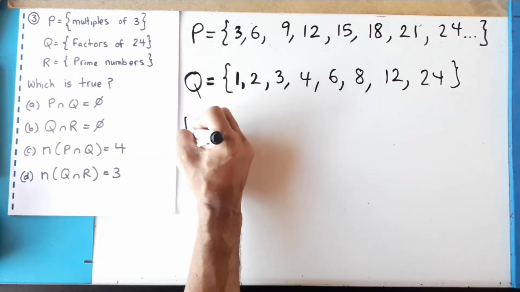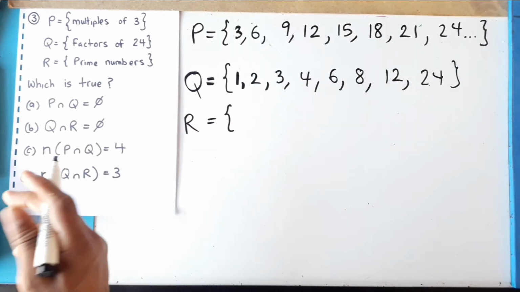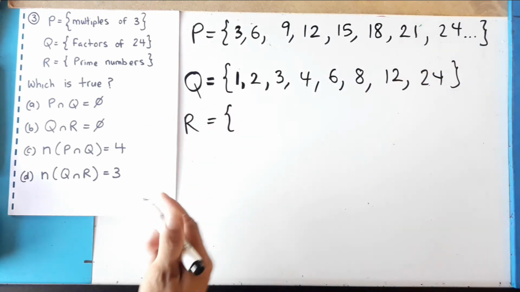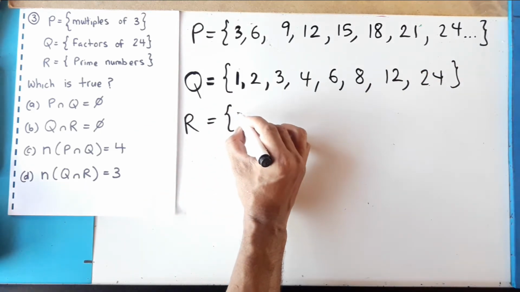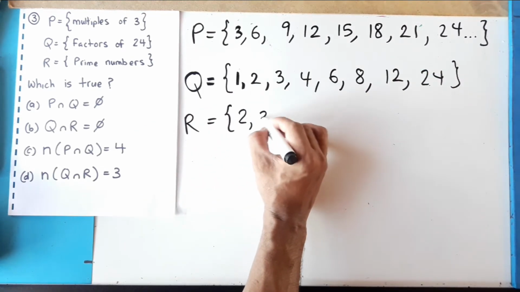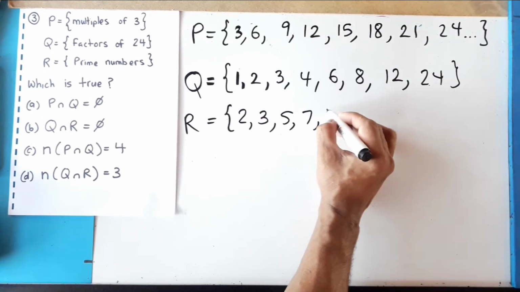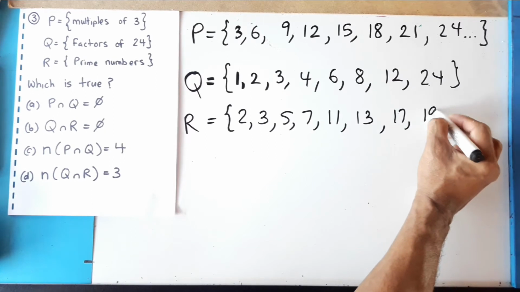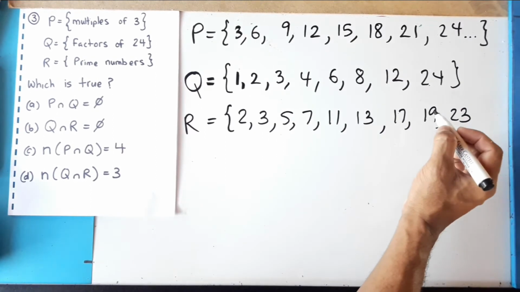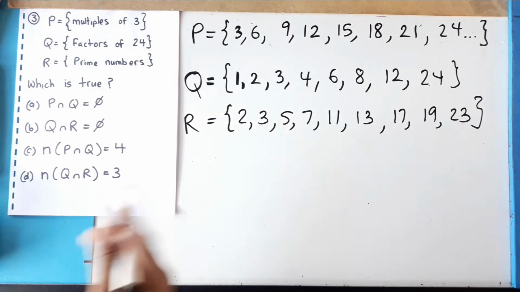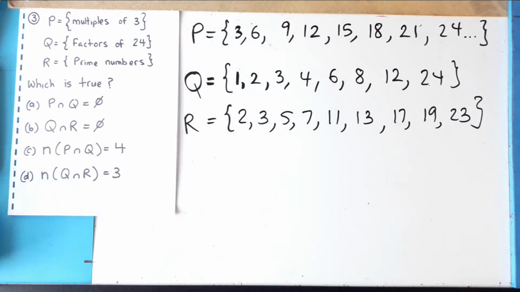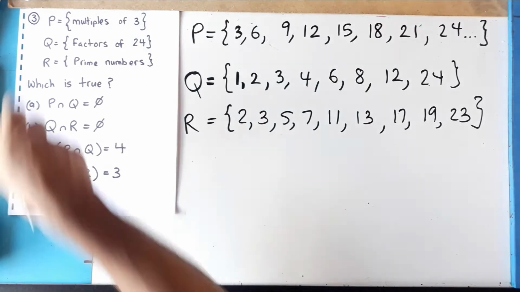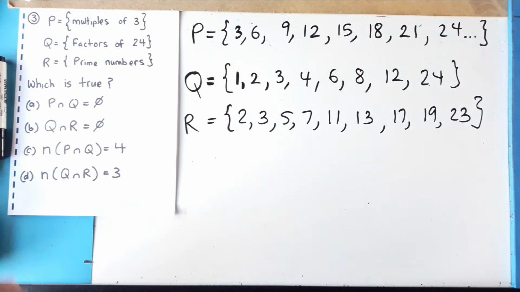That's R. Well, let's list all the prime numbers up to 24. 1 is not a prime number, remember that. So that would be 2, 3, 5, 7, 11, 13, 17, 19, 23. Right? So let's try to answer these questions here. I'm going to see if I can explain why 3 of them are wrong.